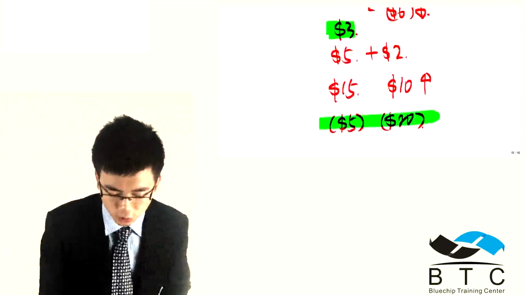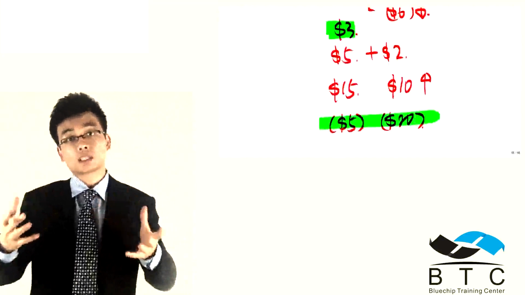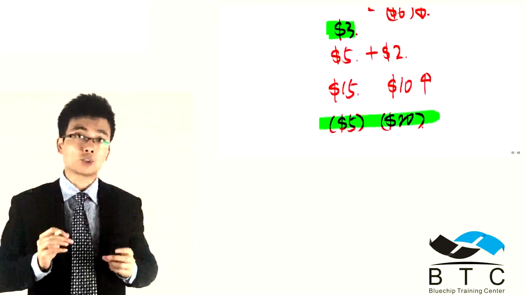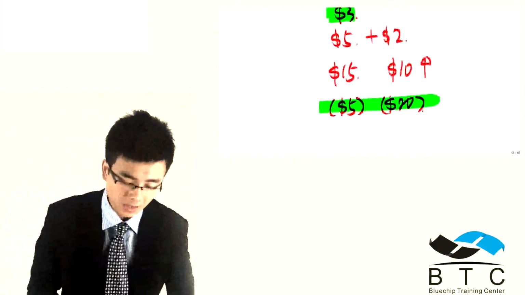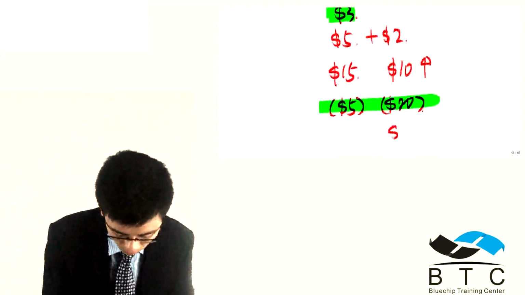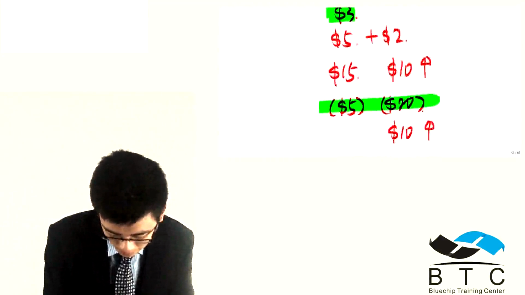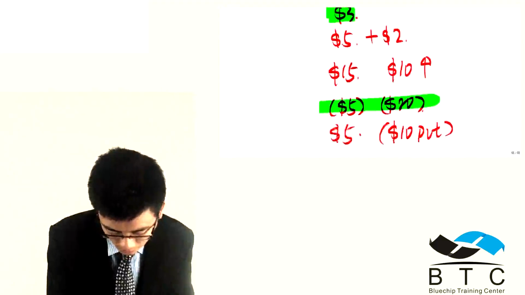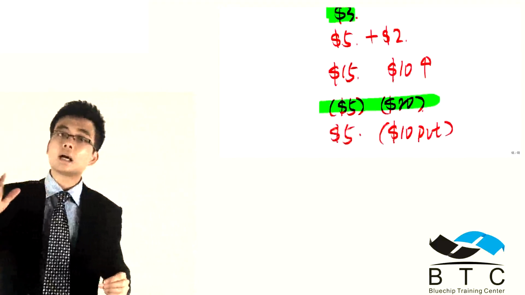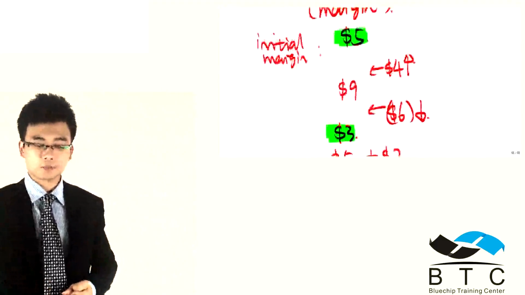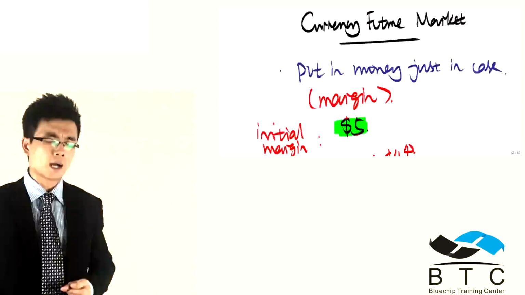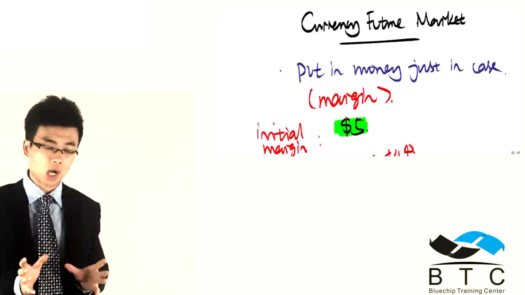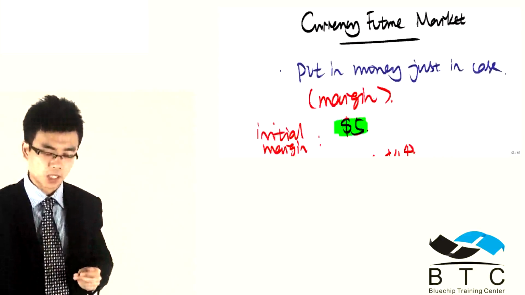So you need to put in additional money to make the margin equal to the initial margin, which means you need to put up another 10 so that it will remain at the initial margin level. So this is how the futures market may work. And let's have a look at the currency futures market.